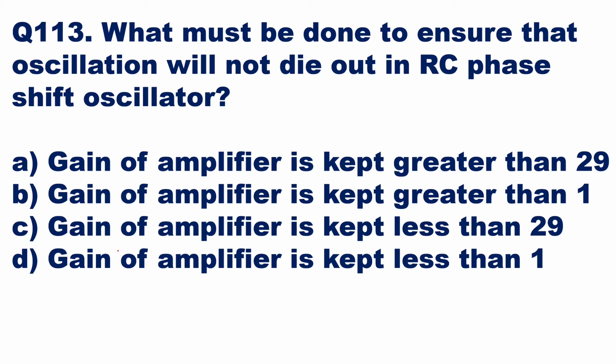Therefore, for sustained oscillations, the gain of the amplifier should be at least 29. And to assure startup of oscillations, when gain A is much greater than 1 upon beta, that is, to have oscillations, the gain of the amplifier should be greater than 29. So here option A is the right answer. Gain of the amplifier is kept greater than 29.